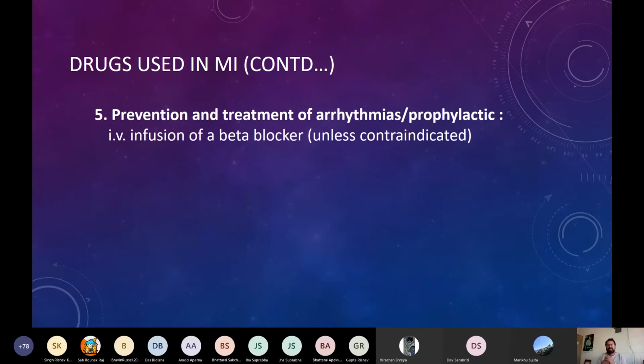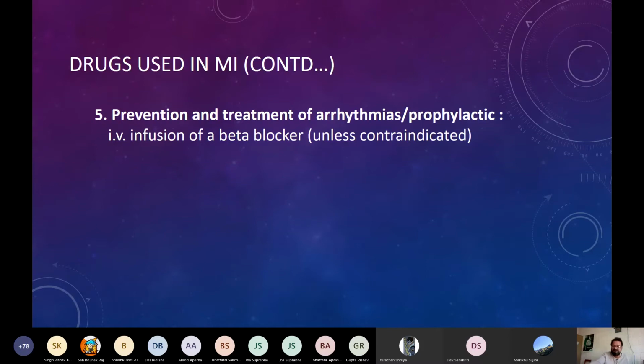Another one is the prevention and treatment of arrhythmias. And if there is no arrhythmia, then prophylaxis, so infusion of a beta blocker, unless it is contraindicated. I told you, if the heart is not performing well and BP is too low, then we don't do this.